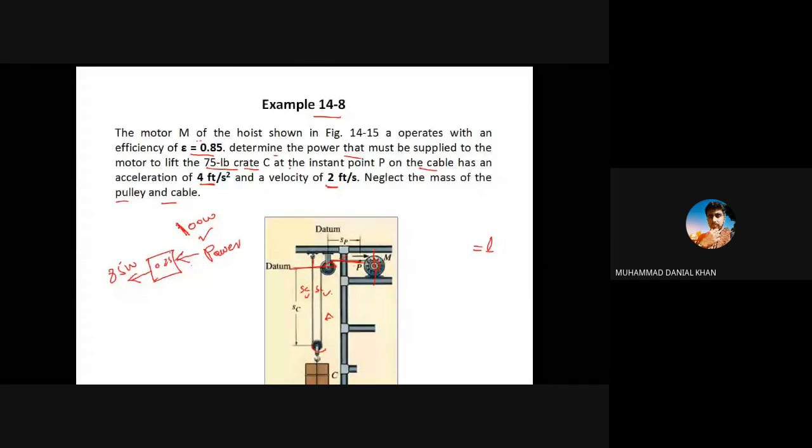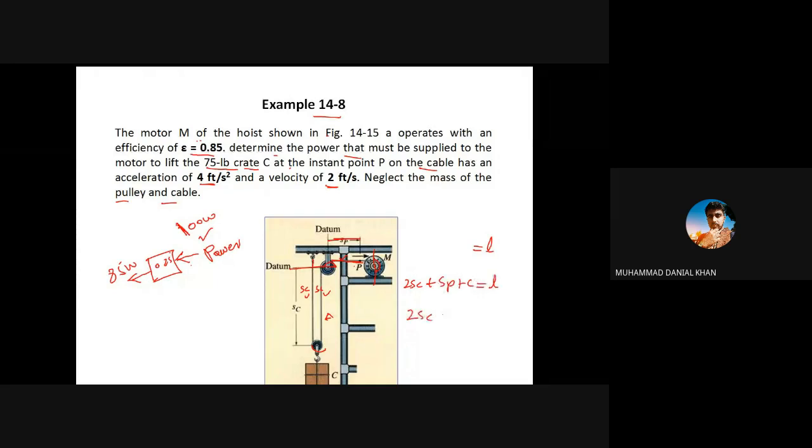So SC plus SC becomes 2SC plus this length, which is SP, and this should be equal to the constant L. If the total length remains constant, when they get combined, this will again be L. Now if we take its derivative, it becomes 2VC plus VP equal to 0, or 2AC plus AP equal to 0, right?